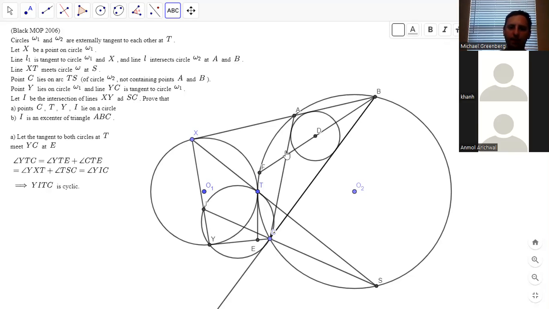SBA is equal to angle XTA. I know one proof that SA equals SB, but it's kind of long. Is there a shorter way?